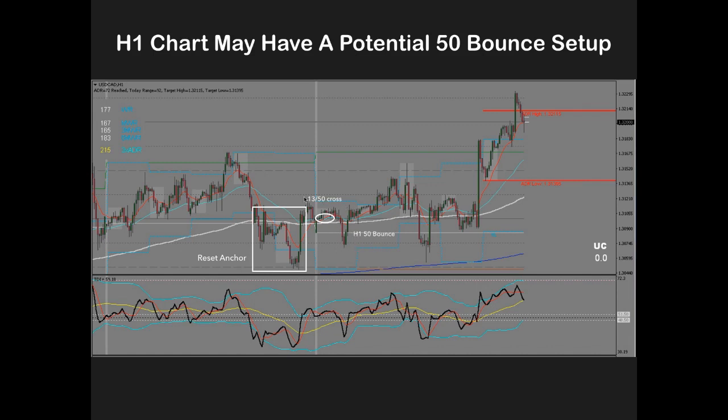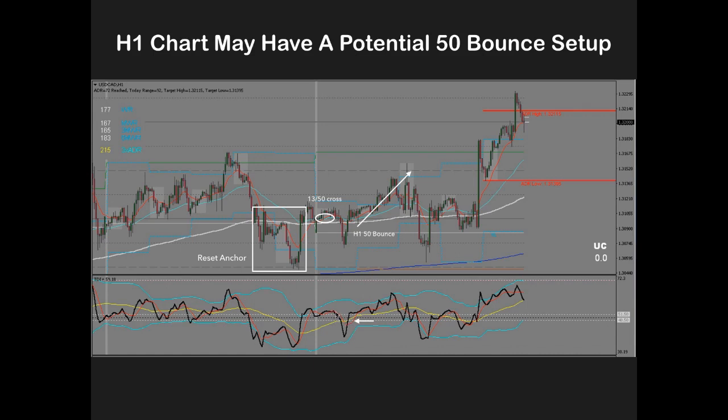Because when you have a 1350 cross, all you need is a pullback to the 50, which we get with a nice V spike here, a pullback to the 50, close above the 13 EMA, and a nice move away from that bounce. The TDI is going to confirm as well. And on a bounce trade, all you need is a cross of the signal line and a trap through the 50 static, the 50 figure.